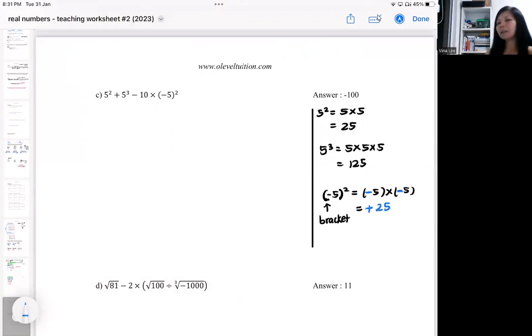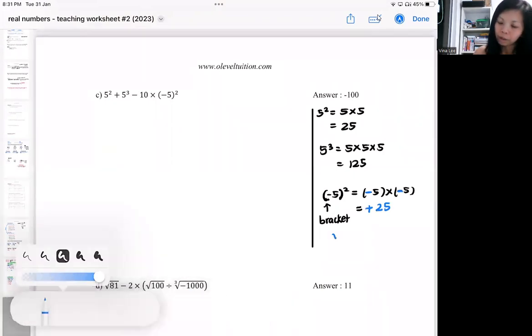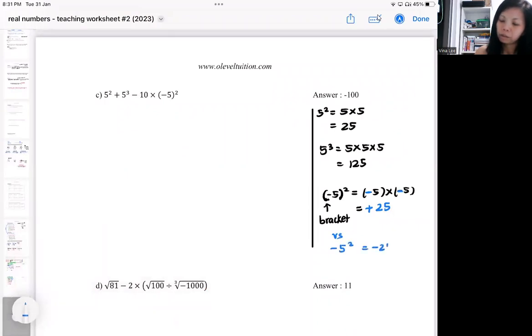So if you don't punch the bracket when you try to press the squaring, you actually get a wrong answer. You can try it. So let's say you forgot to put the bracket. You punch like this, your calculator returns you a negative 25. But if you remember the bracket, your calculator will return you a positive 25.